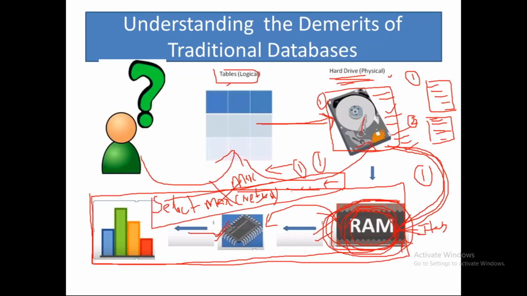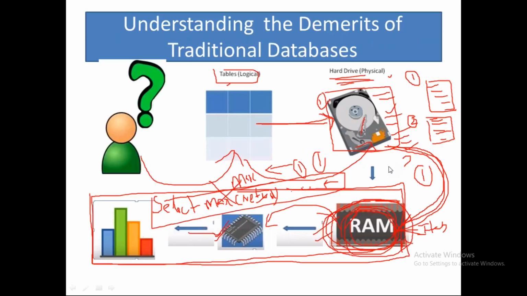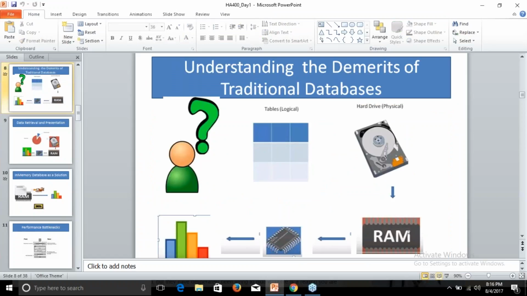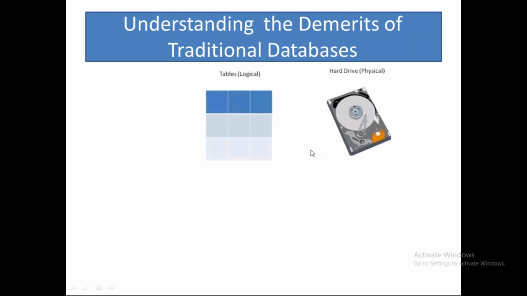If at all you are thinking to improve the performance, maybe this is the area. Yeah. If at all you wanted to improve the performance, this is the area that makes sense.